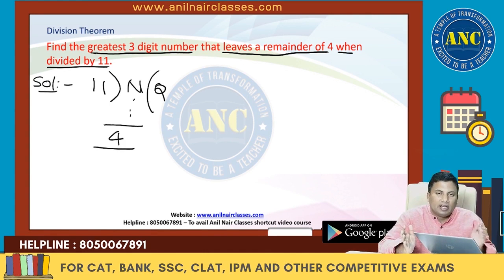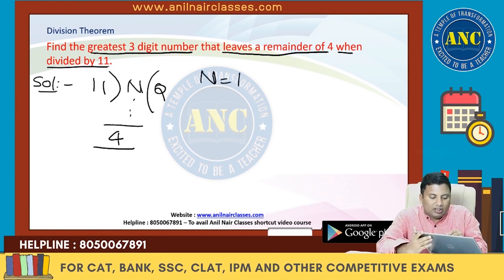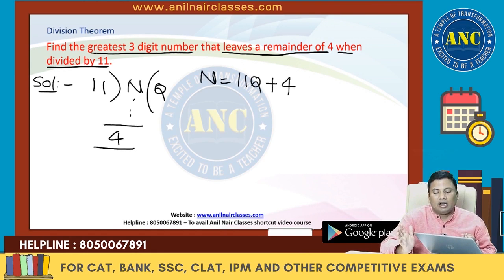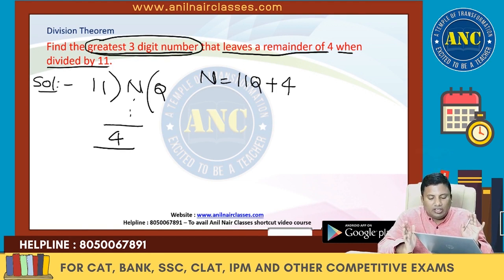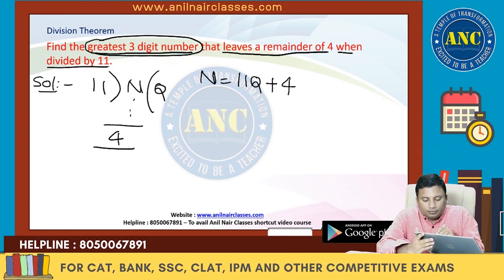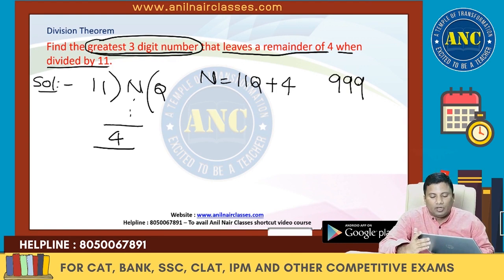Dividend is n, divisor is 11, quotient is q, remainder is 4. Dividend is divisor into quotient plus remainder, 11q plus 4. It is the greatest 3-digit number, so the greatest 3-digit number is 999.